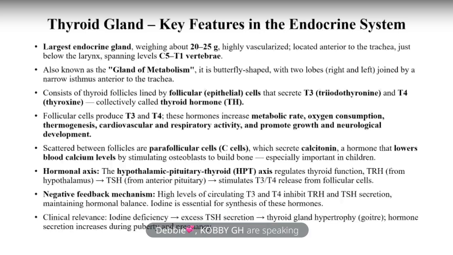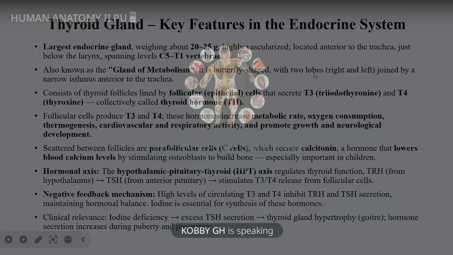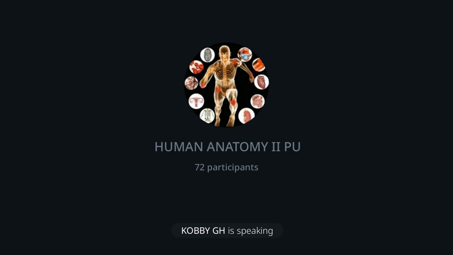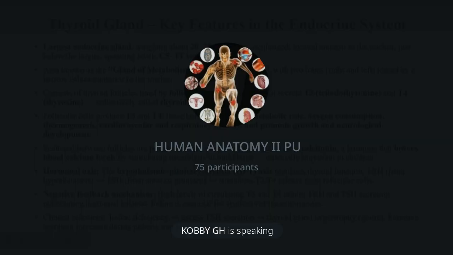That's fine. Great. So we have the T3, and remember, the T3 is what we call the triiodothyronine. The T4 is also called the thyroxine. Together they are what we call the thyroid hormones.